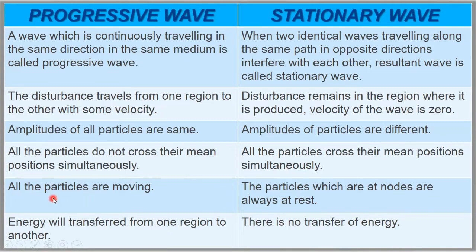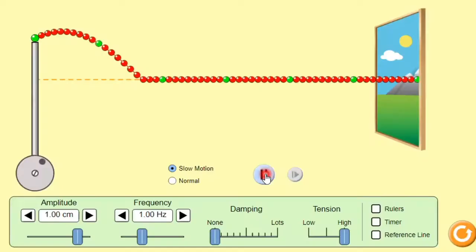Now, the next point: in a progressive wave all the particles are in motion, while in a stationary wave, the particles which are at nodes are always at rest and all the other particles are in motion.